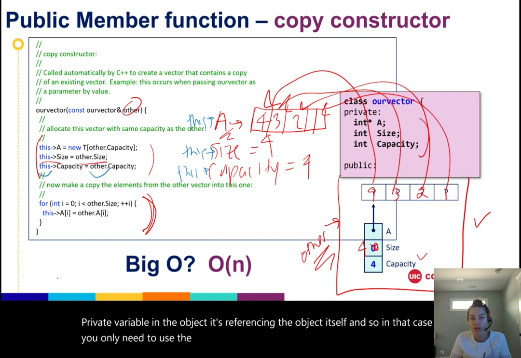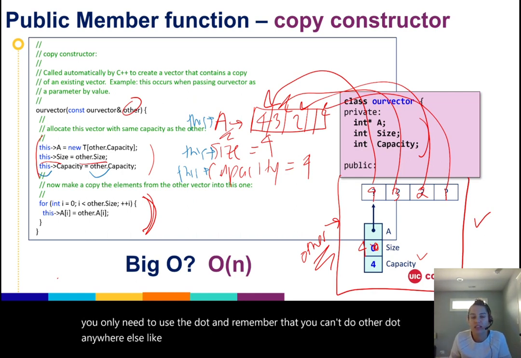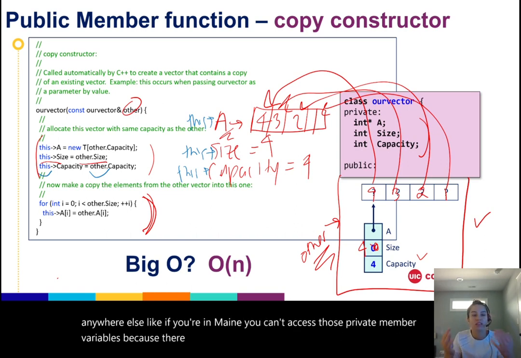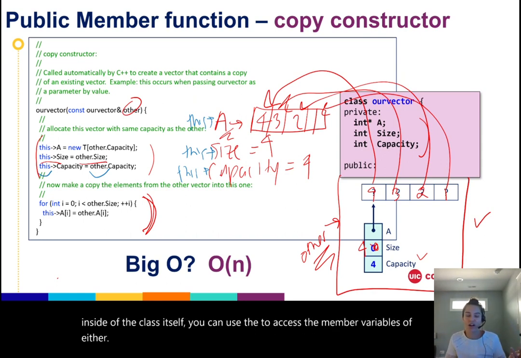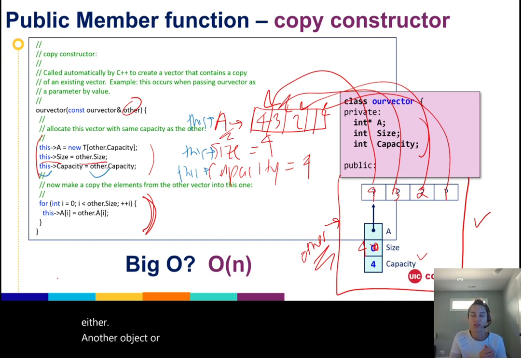And remember that you can't do other dot anywhere else. If you're in main, you can't access those private member variables because they're private, right? But because the constructor is written inside of the class itself, you can use the dot operator to access the member variables of another object, and the arrow for the current object. This is why it starts getting confusing, right?